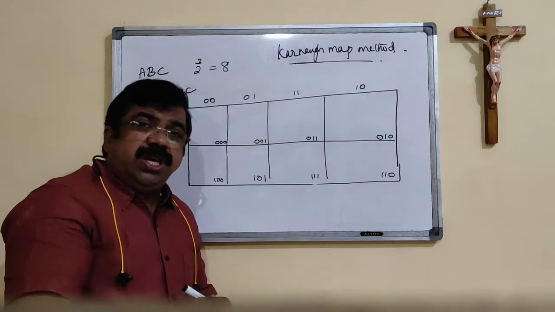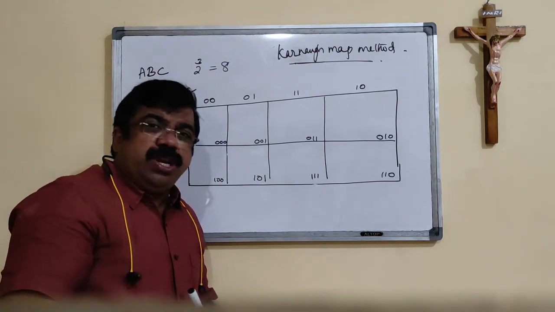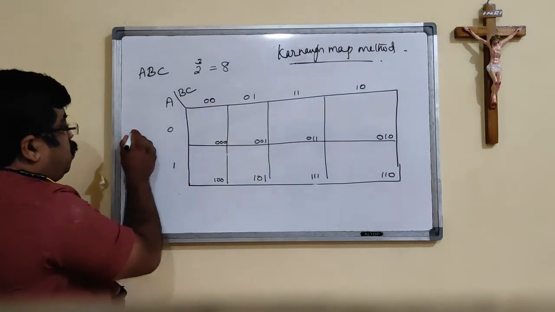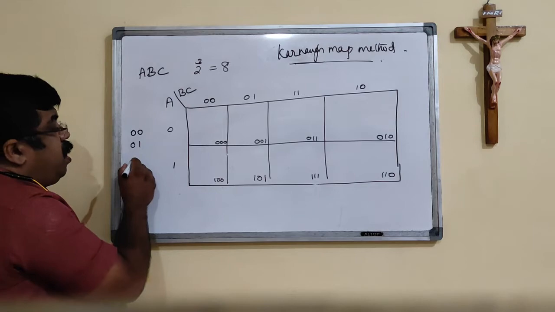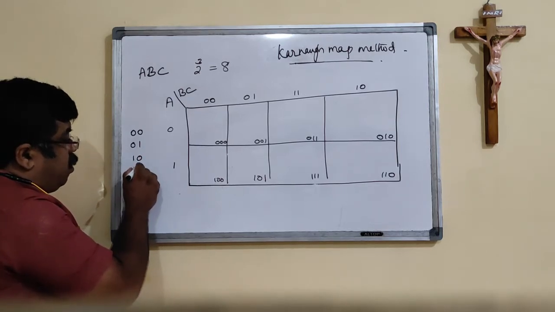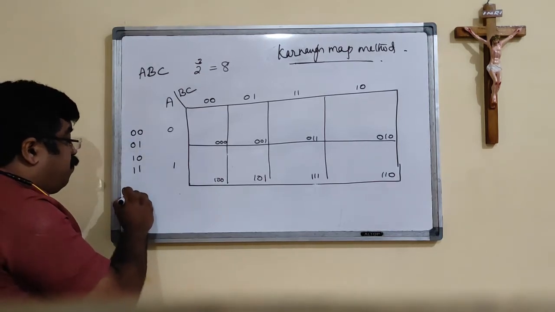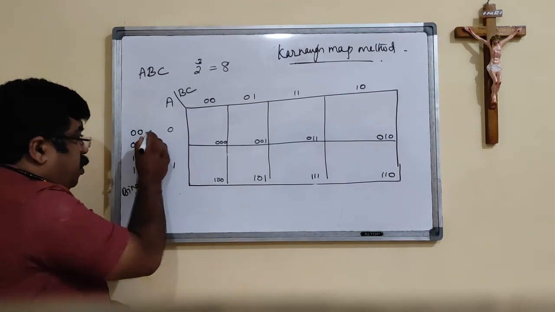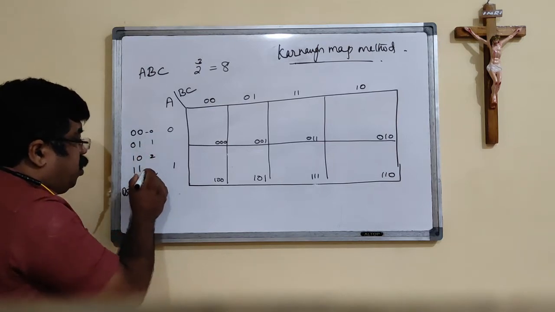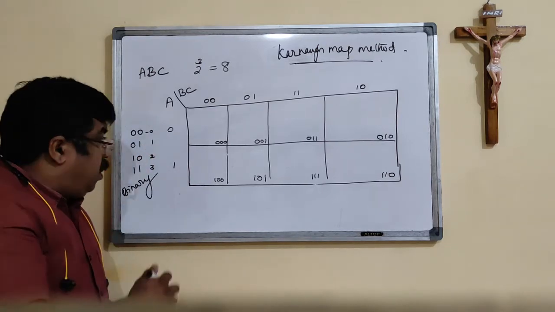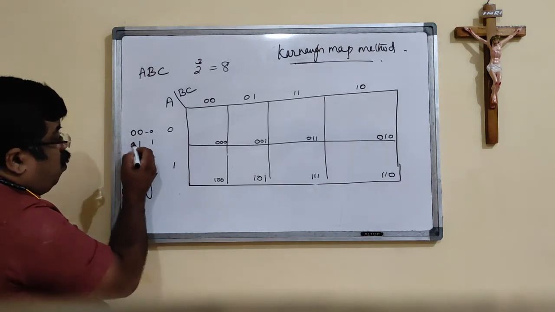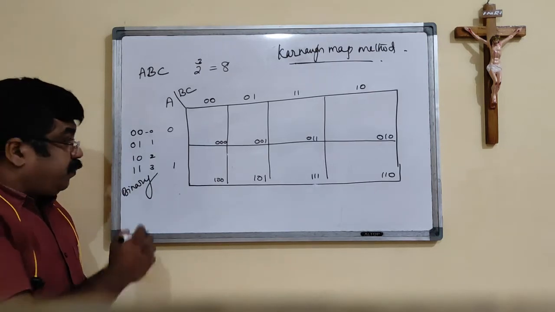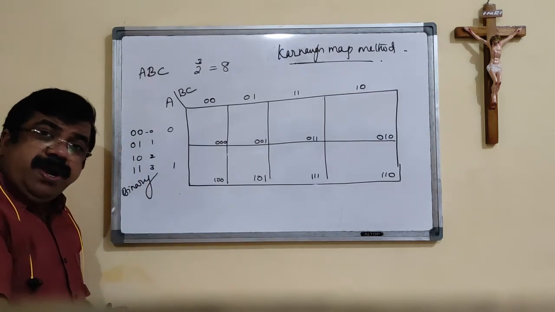Suppose you are following the binary progression. Then I will write the binary progression for these numbers: 00, 01, 10 and 11. This is the binary progression we were doing so far. This is representing 0, 1, 2 and 3. When we move from 0 to 1, one place is getting changed: the 0 became 1.